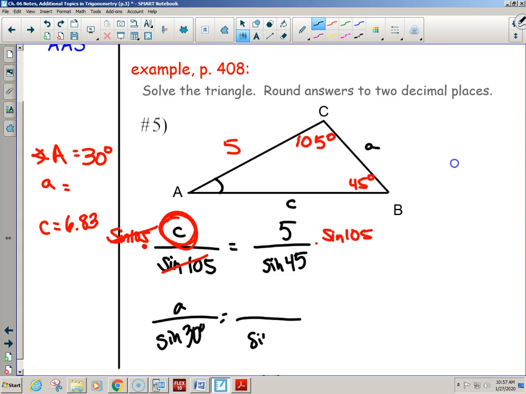Always, always, always, unless you're forced into using something that you already found with decimals, always use the most precise pairing possible. Meaning, I knew 5, exactly 5, 5.000 for infinity, and 45 were measurements to begin with. 6.83, remember, was rounded, and as soon as you round, what do you introduce?